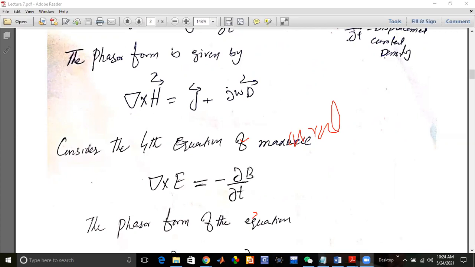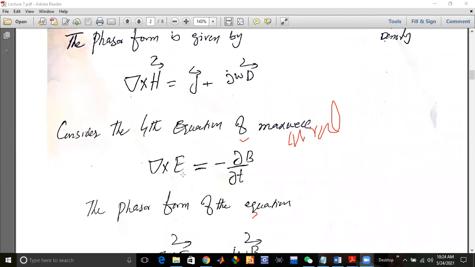B is the magnetic flux density. And this equation shows that the change in the magnetic field will produce electric field, and the change in electric field produces varying magnetic field. The varying magnetic field produces electric field, and the varying electric field produces the varying magnetic field.